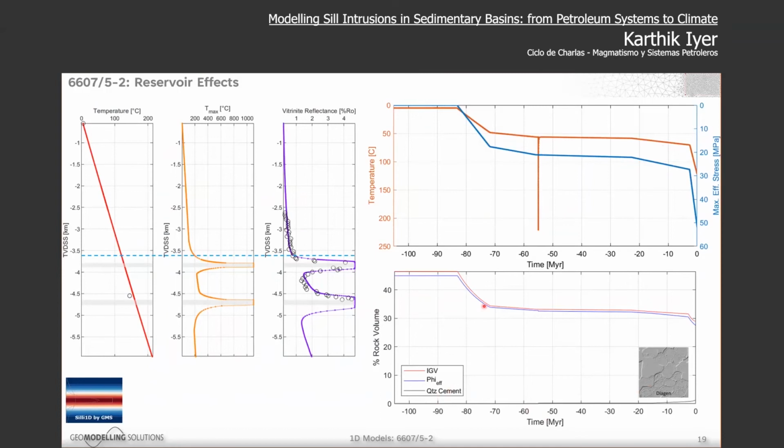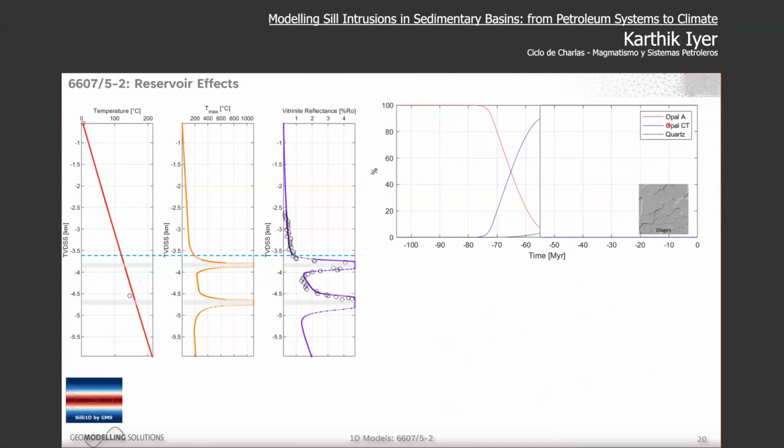This is porosity I'm highlighting right now. It's just mechanical compaction. Even though there was a spike in temperature, in this case at least, it did not alter or affect significantly how quartz cement is formed or affect porosity. So in this case, we can go and say, all right, look, if a reservoir is there, we're pretty safe in terms of cementation.